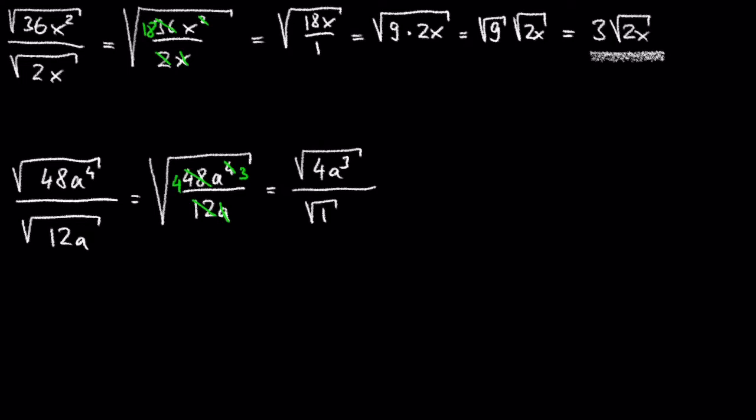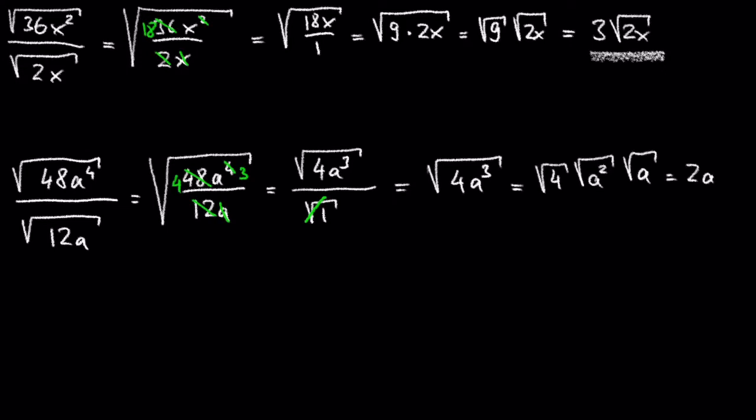The square root of 1 is 1, so we get the square root of 4a to the 3, which we can write with the multiplication law for roots as the square root of 4 times the square root of a squared times the square root of a, which is then 2a times the square root of a.